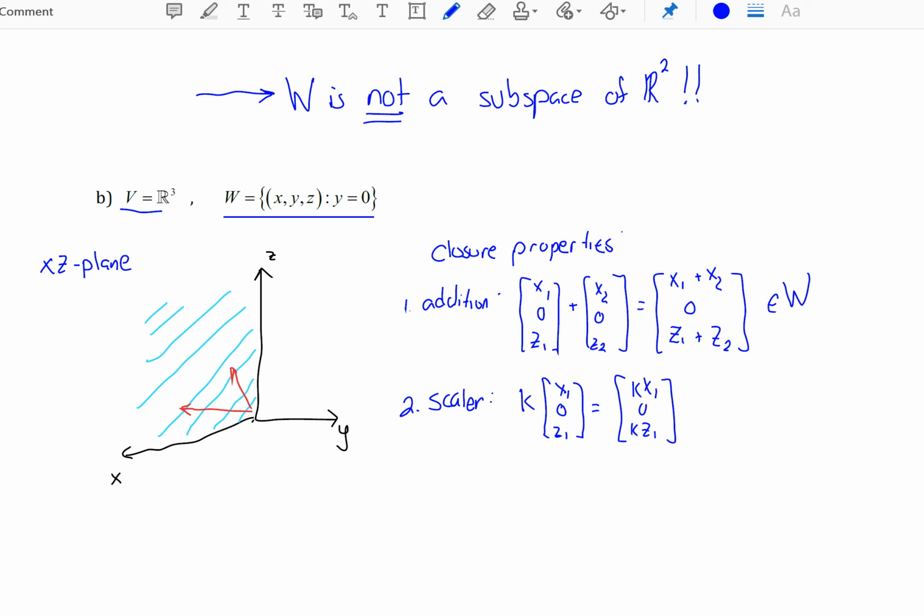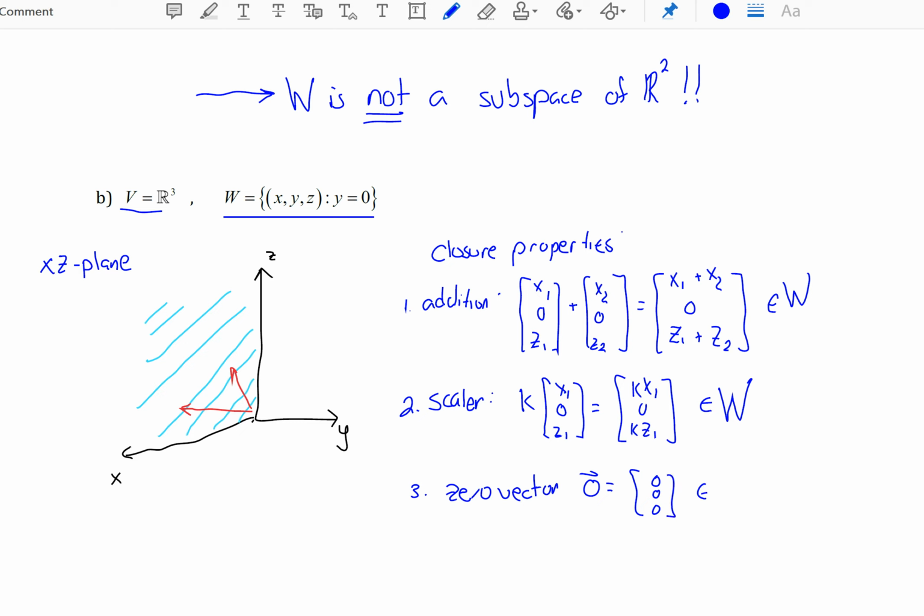A scalar multiple would still be a vector with 3 components where the middle is 0. This would still be an element of W. Is there a 0 vector? Here the 0 vector would look like 0, 0, 0.